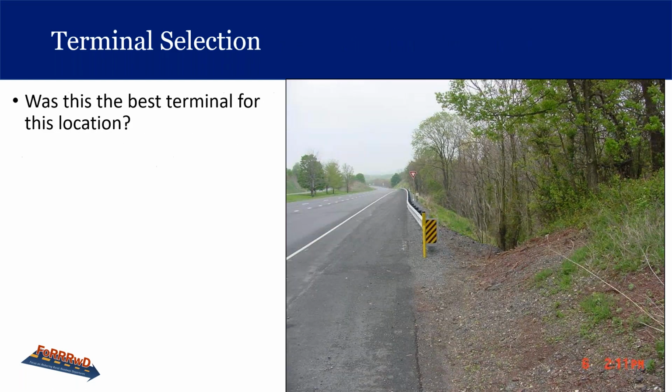Let's see here. BIB, buried in, what was it? What was the first few answers there? Embedded, buried in back slope. Yeah, buried in back slope may have been more appropriate here. Either way, the barrier appears to be too short to keep a vehicle from getting to the steep slope back in here.